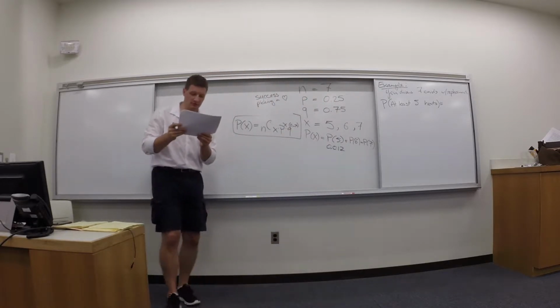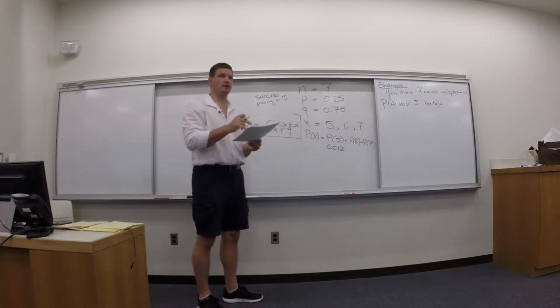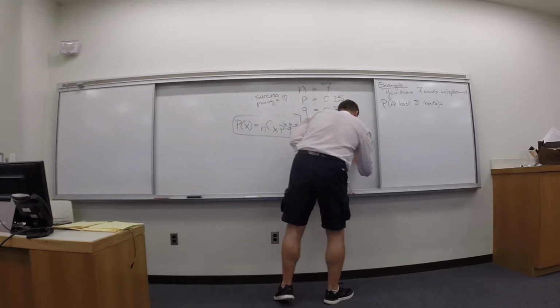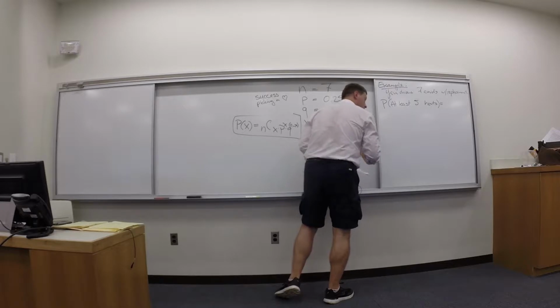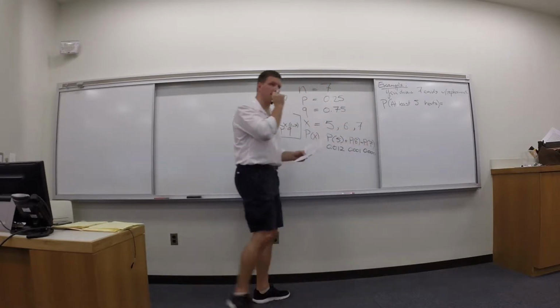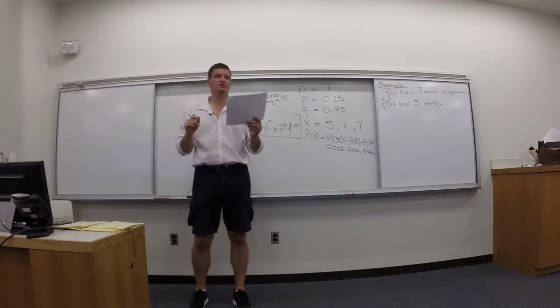6 out of 7 at 25%, which is the one number below that. And the last one? 0. Is everybody comfortable reading the table?